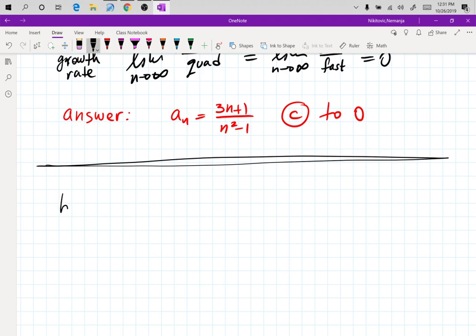So let's say your b_n is (2e to the n plus 1) divided by e to the n. What happened? It's just infinite. Why?